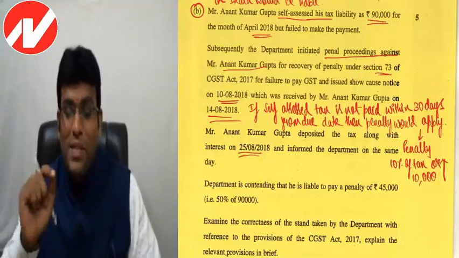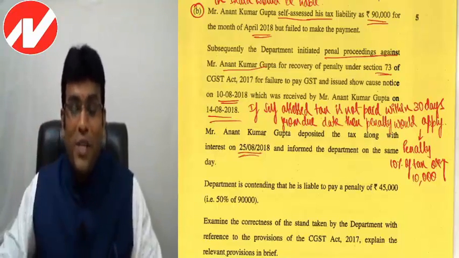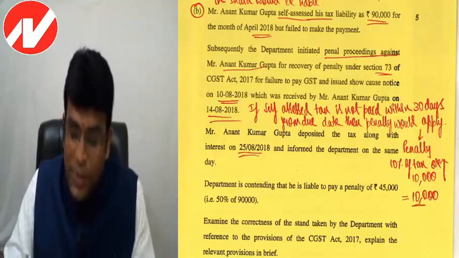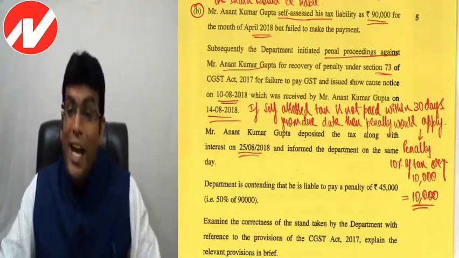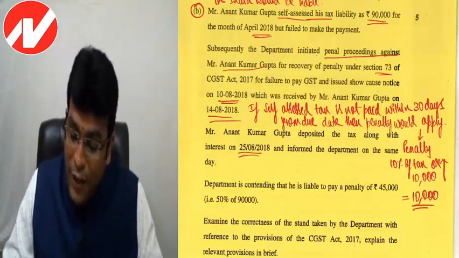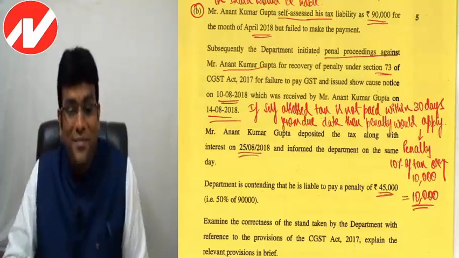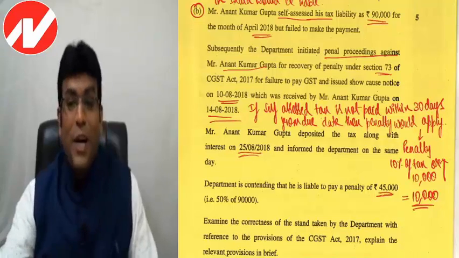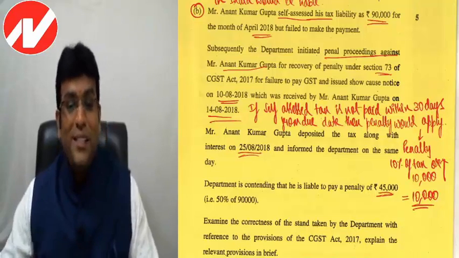So this becomes 9,000 or 10,000, whichever is higher. So the answer becomes 10,000. So levying penalty is correct, but the department wants to levy 45,000. That is not correct.